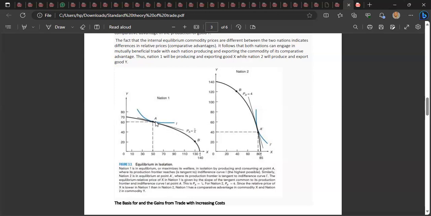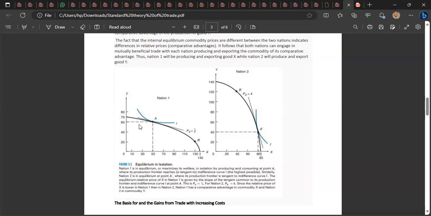Where the highest possible level of production and the highest possible level of satisfaction meet, you get your equilibrium. This represents your demand, and this one represents your supply in terms of production. We match the maximum that nation one can supply against the highest indifference curve, and then we get that.